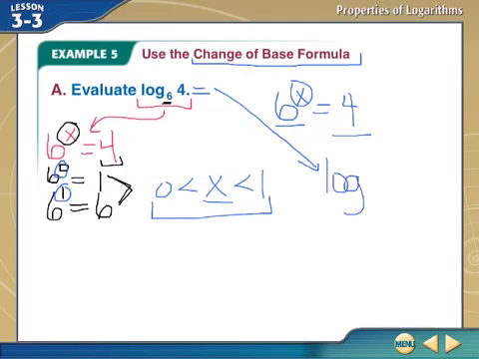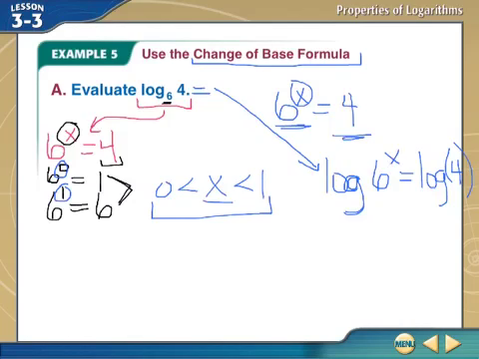We could say log of 6 to the x equals log of 4. The reason I'm taking the log of both sides is because a logarithm undoes an exponent. The logarithm is the inverse of an exponential function.